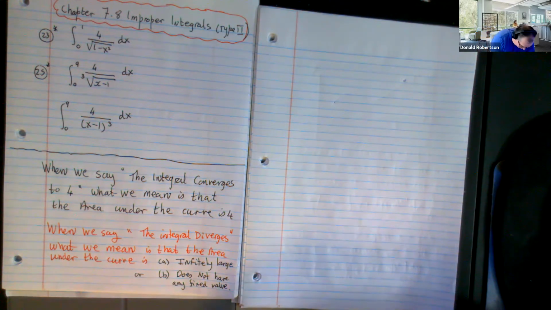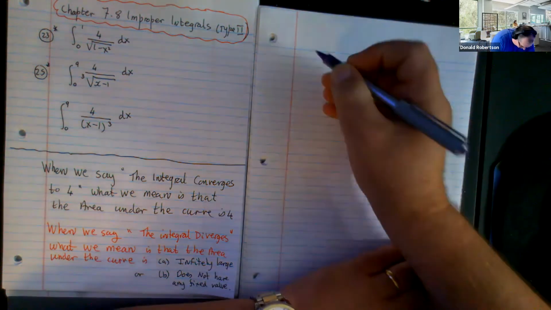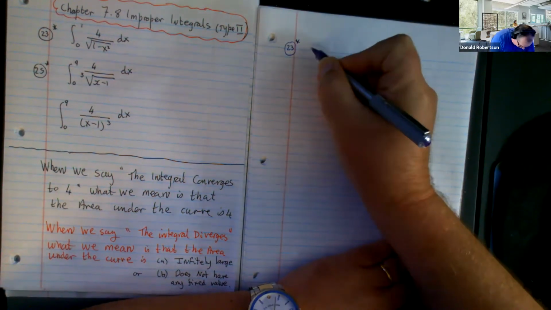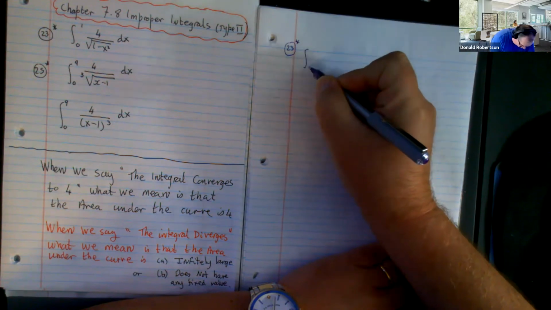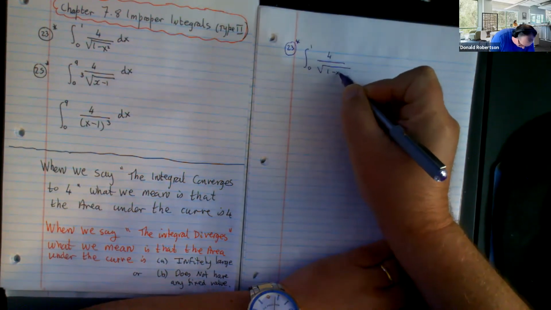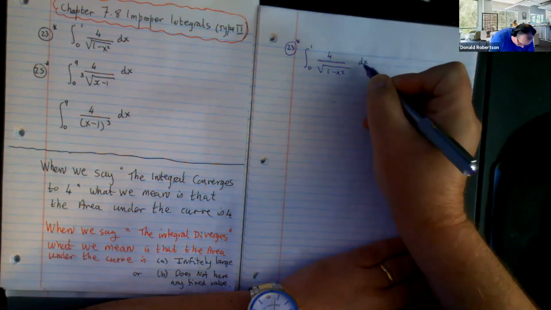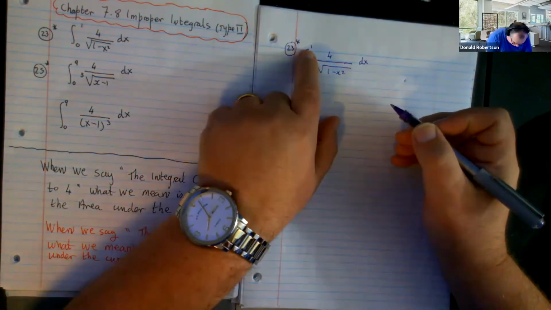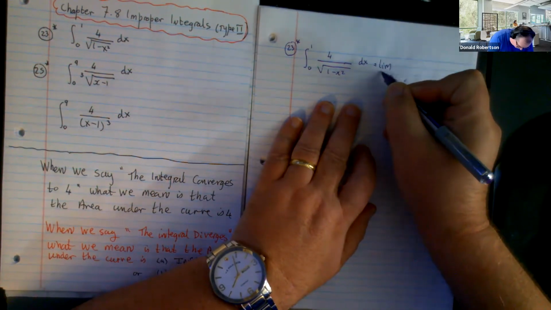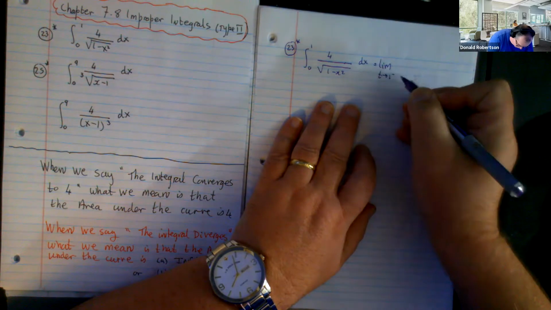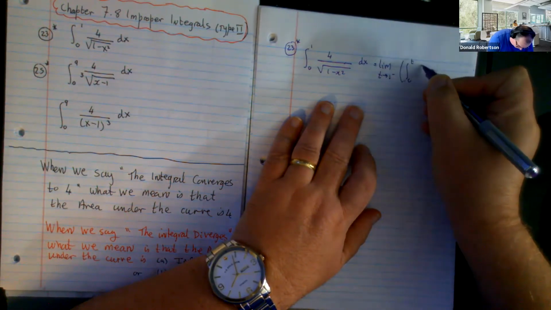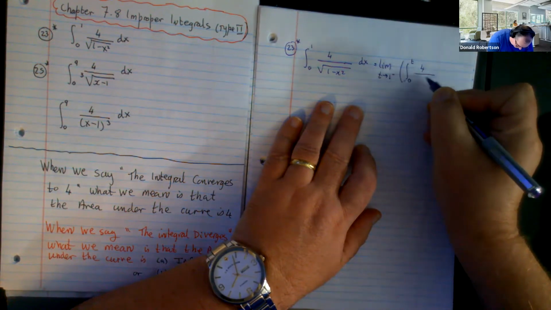So we'll start with 23. If you want to find the integral from 0 to 1 of 4 over the square root of 1 minus x squared, you've got to realize that 1 is causing the problem. So this is going to be the limit as t tends to 1 of the integral from 0 to t of that guy.